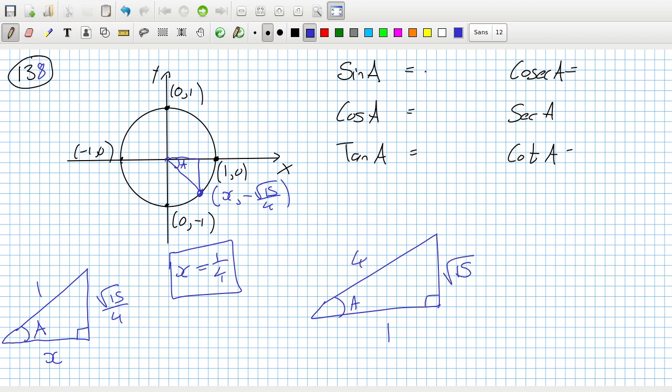So sine A is root 15 over 4. Cos A is 1 over 4. Tan A is root 15 over 1. So that, oh, signs, don't forget the signs. A, S, T, C, they're all negative except for cos, which is positive.